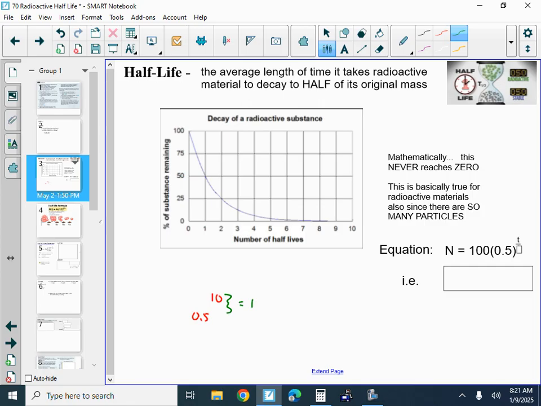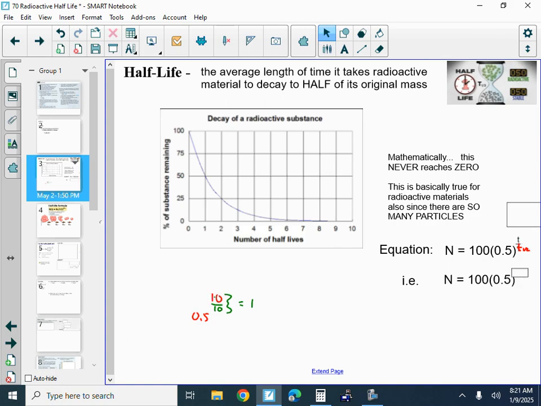After putting in a time of 10 minutes, you get this happening once, the times 0.5. So obviously you'd have to divide by 10 there for that to be a 1, right? This is for one half-life, but in the equation I'm going to be doing, this is going to be the time of the half-life itself. So the 10 minutes, for example.